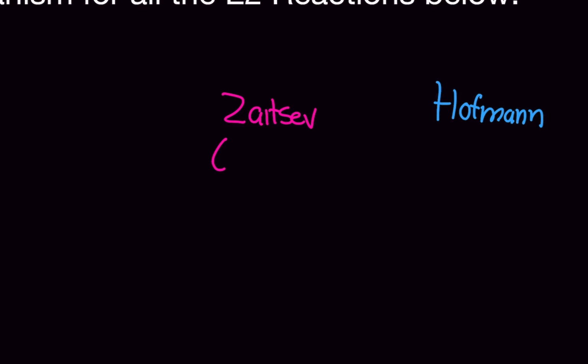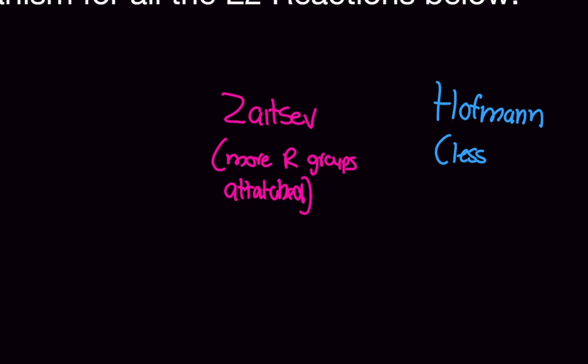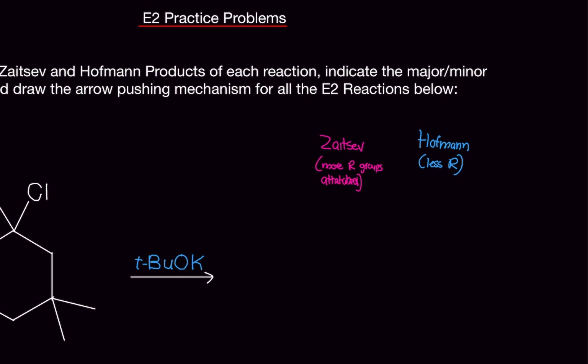So it's basically more R groups attached. Okay? The Hofmann is less R groups attached. This will make more sense when you actually do it, if you don't understand this. That's the first 2 things that you need to know.